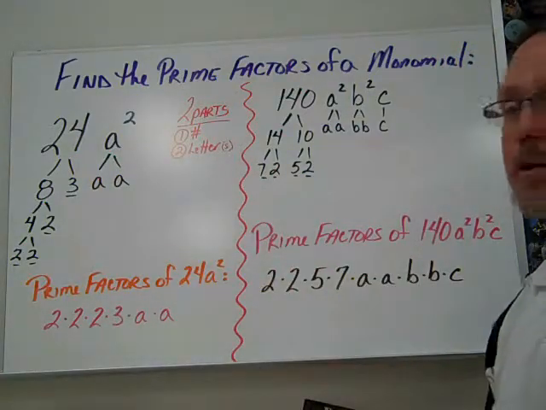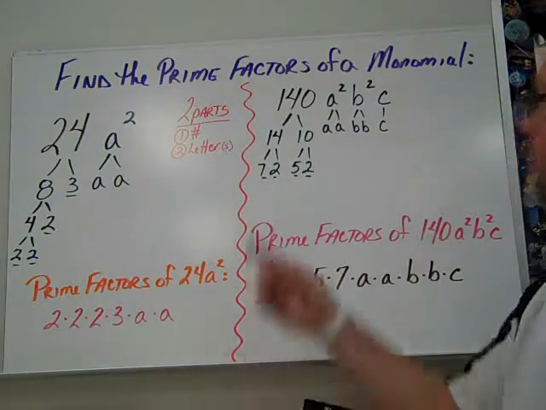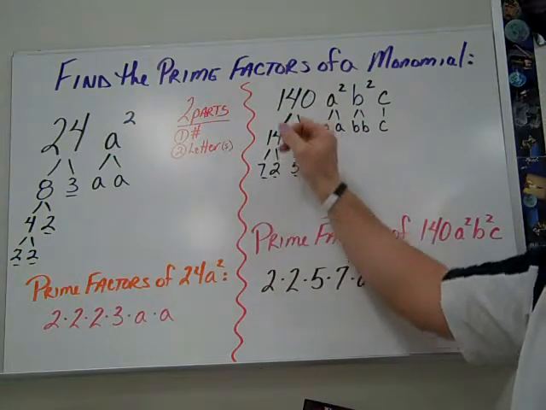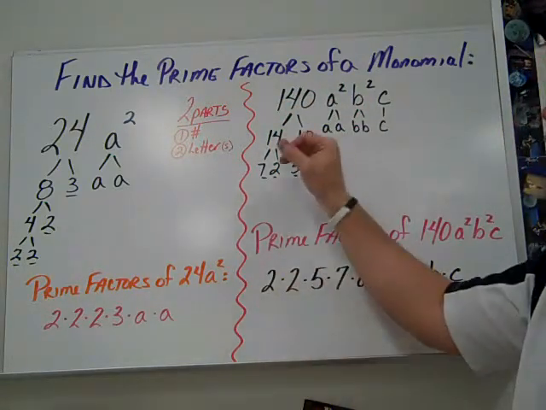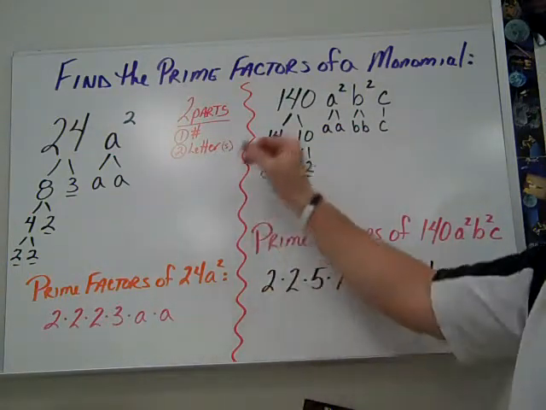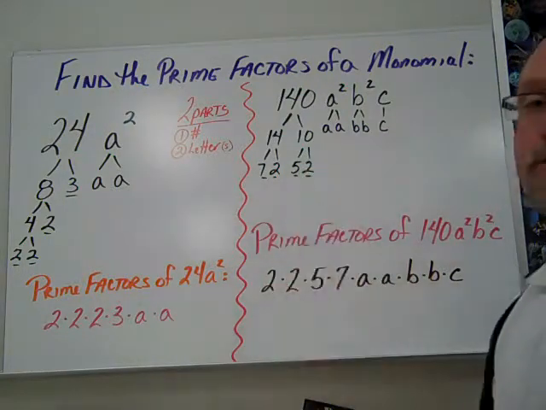If we choose a bigger number, we've got 140a squared b squared c. We're going to again take the number first. If it ends in 0, it's a perfect time to drop down the 10 and put the front number in. So we have 14 times 10. 14 can be broken down into 7 and 2. 10 is again 5 and 2.